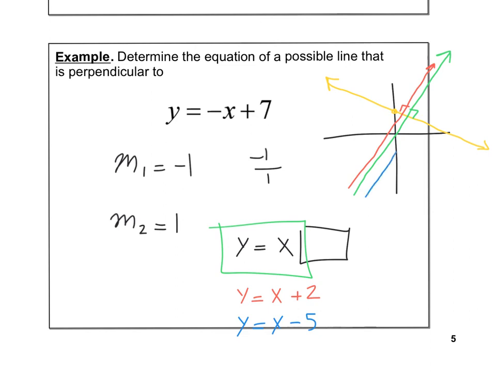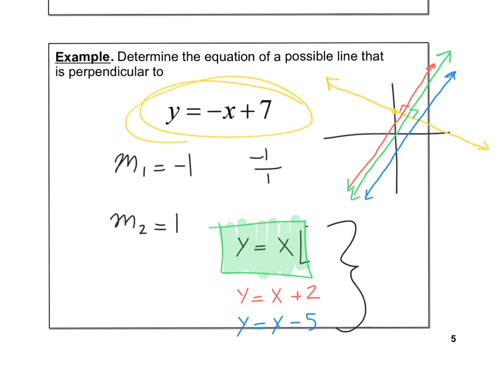And once again, because that slope is the same, I'm going to be drawing a line that's perpendicular to that original green one right here, and all three of these are perpendicular to our original equation of the line. The reason being, the slope is the negative reciprocal. So lots of different answers for this. Choose whichever one you like best.